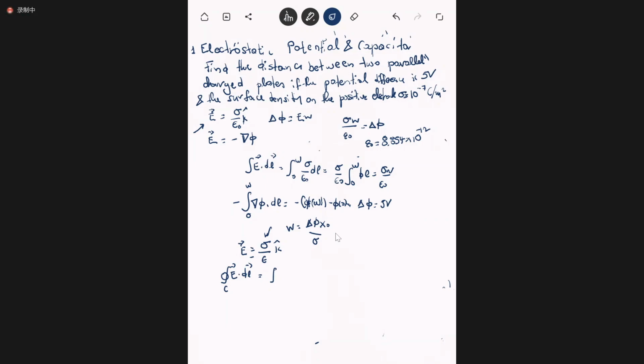And if it's conservative, by definition it doesn't matter what path we're following. It's always going to be the same. In other words, if I have one point A over here and another point B over here, then the work done by moving a positive unit of charge from point A to point B, no matter what path we follow, is always going to be the same.